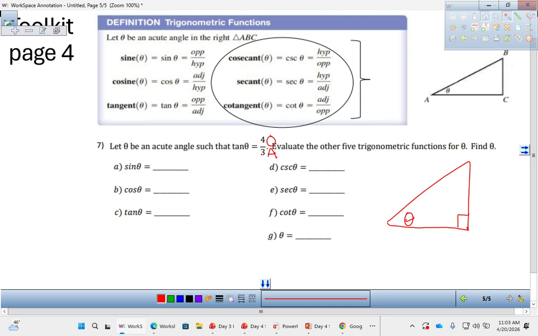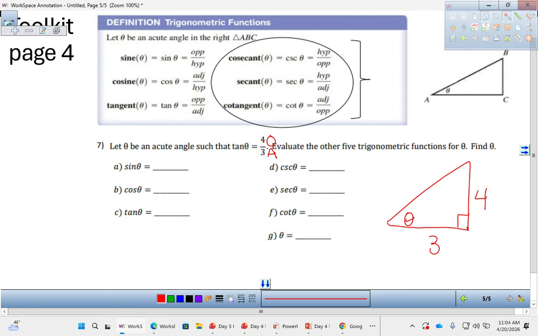So if I were to fill out and label my triangle here, the opposite of my theta is going to be 4 and the adjacent of my theta is going to be 3 because that's the information I know. So if this is the angle I chose to be theta, the opposite side of it is the side that it's not touching. So that's 4. And the adjacent is the side it is touching. That's 3. I don't know the hypotenuse because tangent doesn't have a hypotenuse in it.